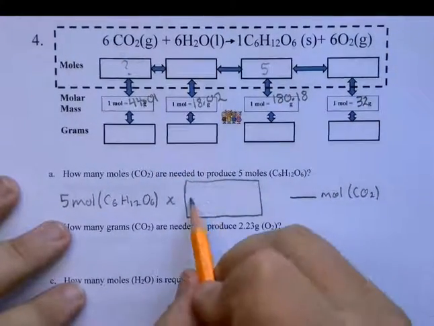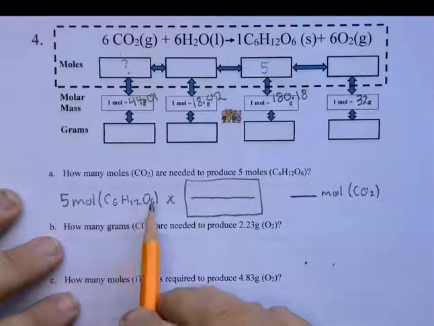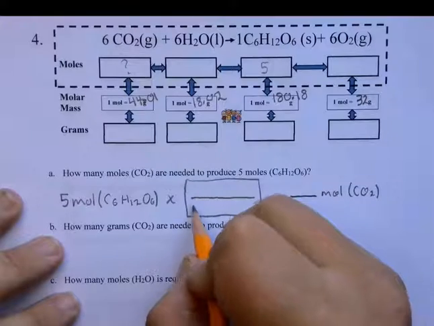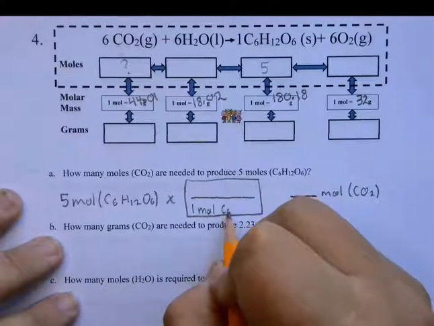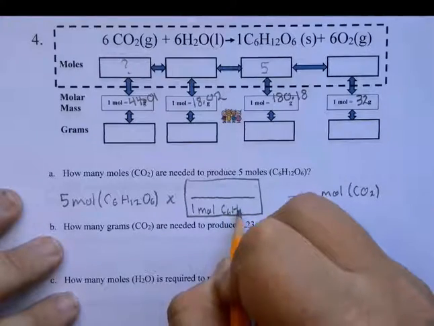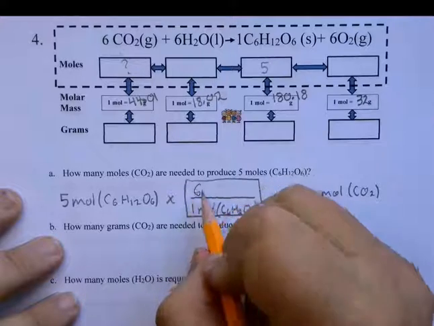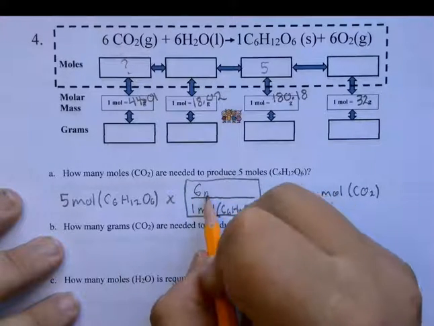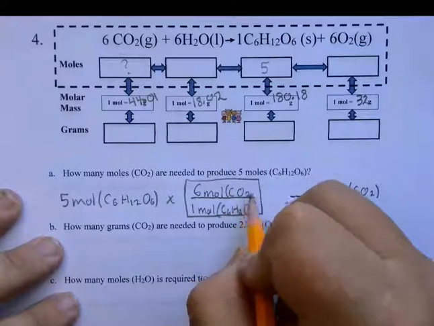Which do we want? I think we all are, I hope, catching on to this. Moles of the sugar, so we have to have that on the bottom. So that's 1 mole of sugar. And on top, it's got to be 6 moles of CO2.